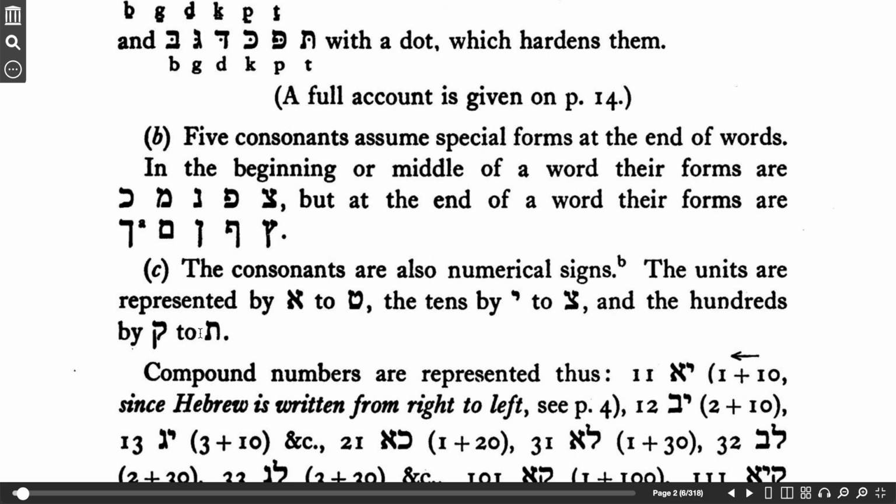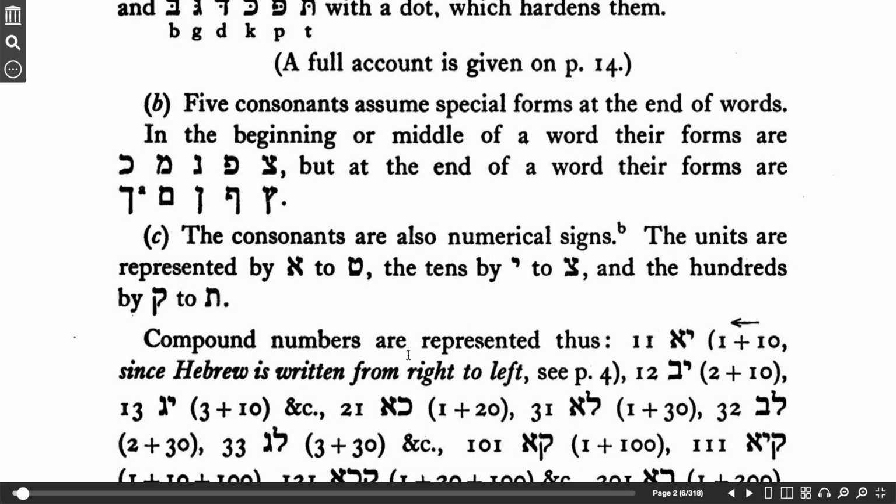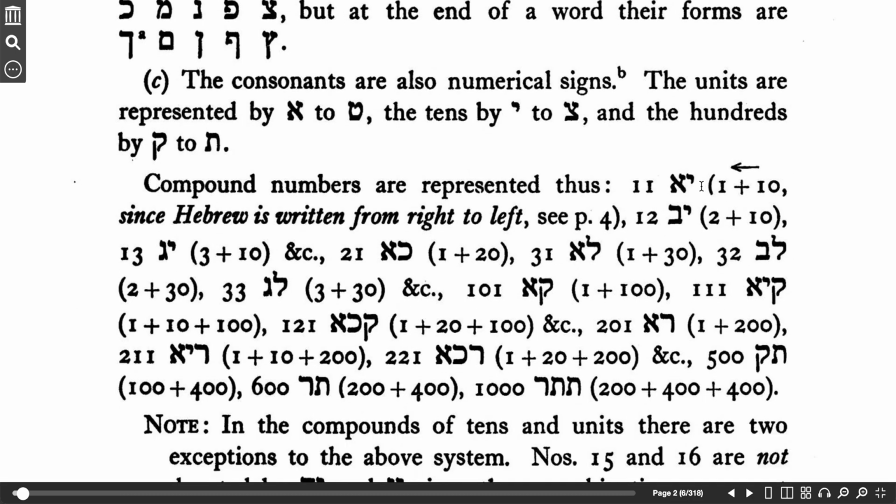And then the hundreds are all the other letters starting with Qof, going up to Tav or Tau. And so that's the hundreds. So you could see it like this. If you see a Yod and an Aleph, this is the value of 1.